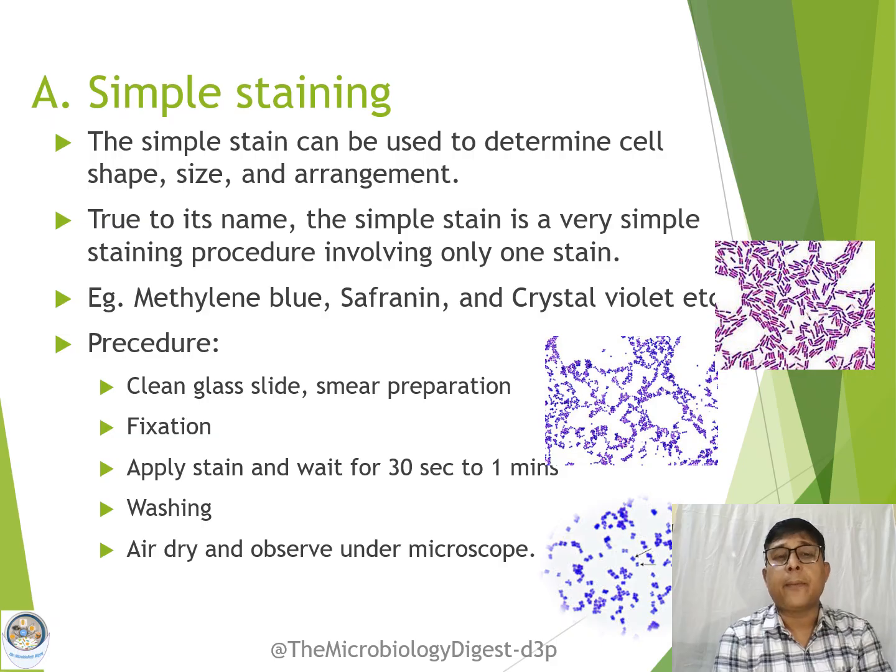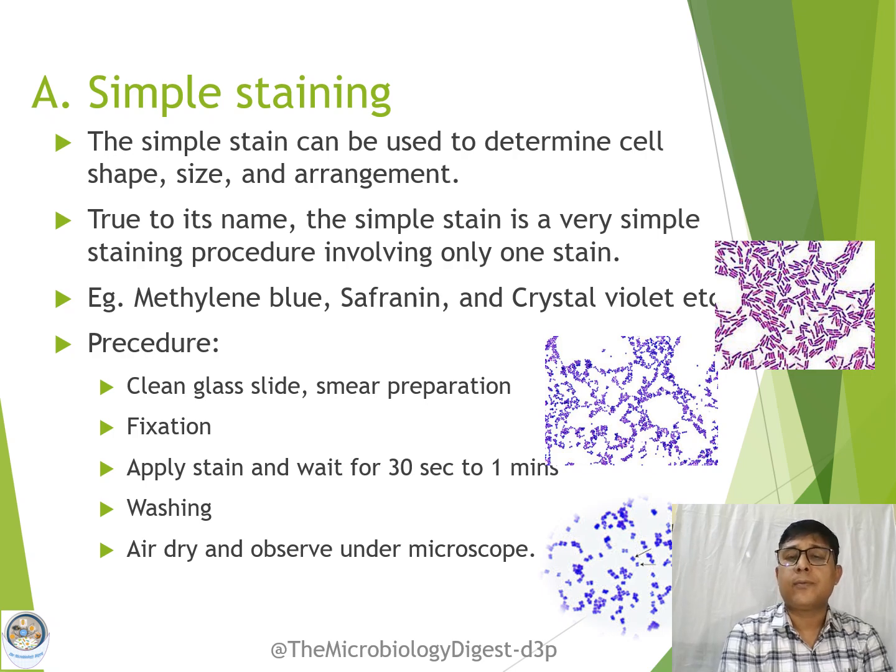First is simple staining. Simple staining can be used to determine the cell size, cell shape, and arrangement. Bacterial cells may be of different shapes and sizes, and they may be arranged in different forms.